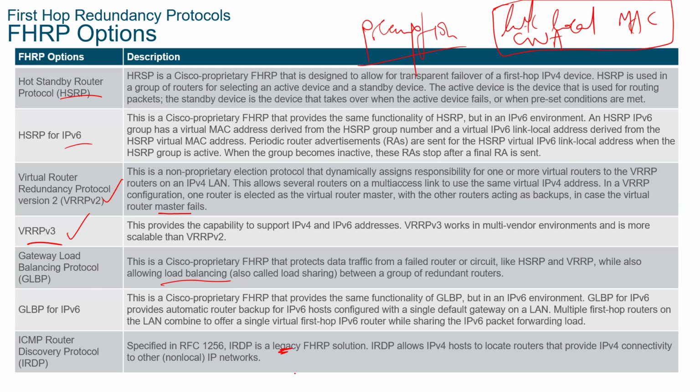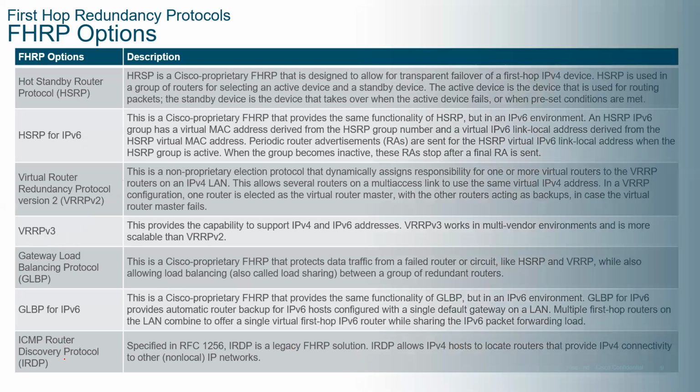Actually, it was replaced by ICMPv6, making use of RA and RS messages. That's how we can discover routers within a given network. So the last one is not a redundancy protocol per se. Not sure why it's there, but we move.